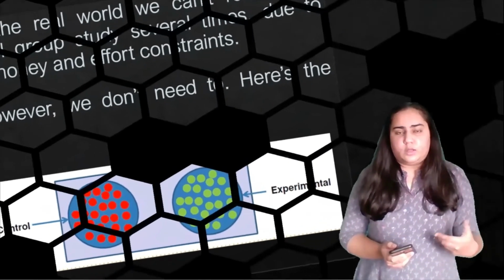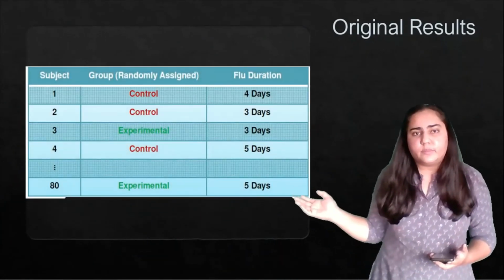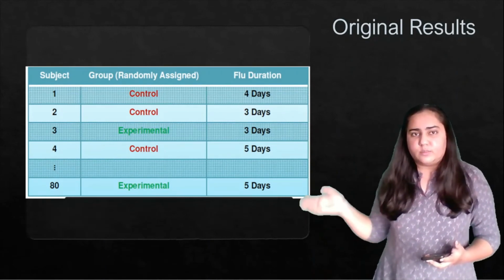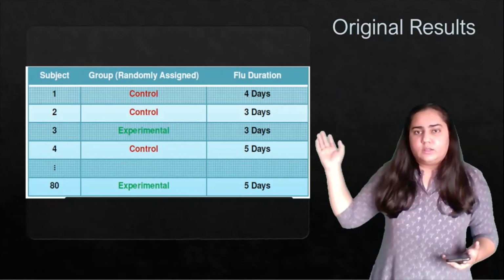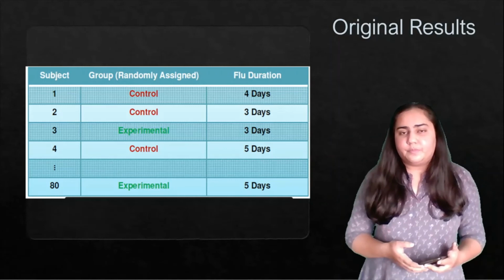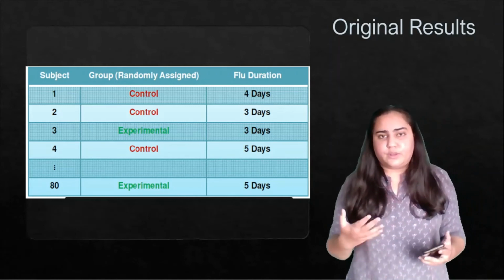This is what the original result looks like. You can see in this table, number one is the first subject, the first volunteer. The first volunteer was put in the control group, that's why it's red, and he or she experienced symptoms for about 4 days.